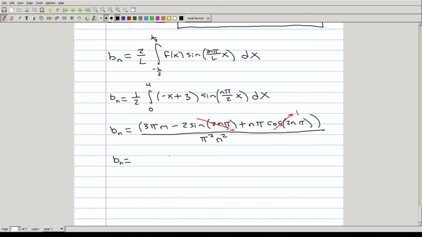So the Fourier coefficient bn simplifies to 3 pi n plus n pi, which is 4 n pi, divided by pi squared n squared, and you end up getting 4 divided by pi times n.